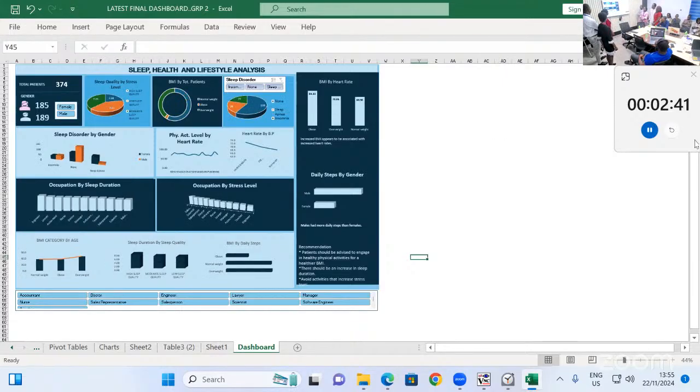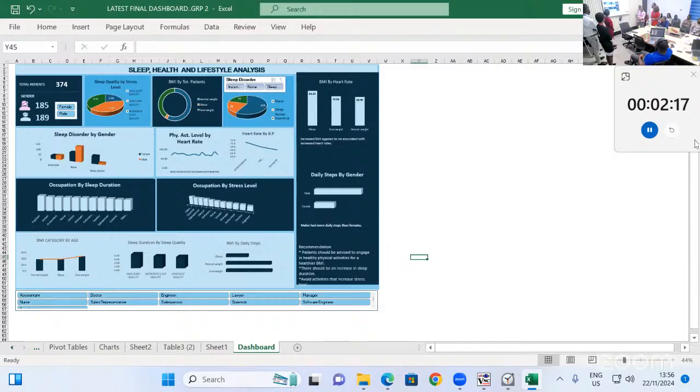As healthcare data analysts, we recommend that health professionals and doctors should encourage their patients to engage more in physical activities like running and jogging, at most 150 minutes every week. That would enable you to sleep properly.